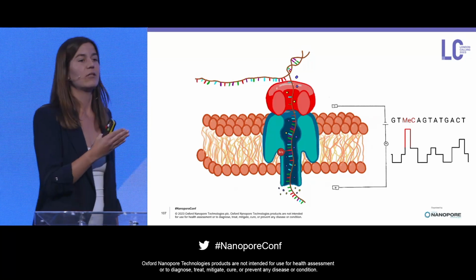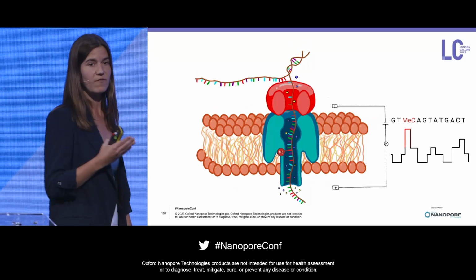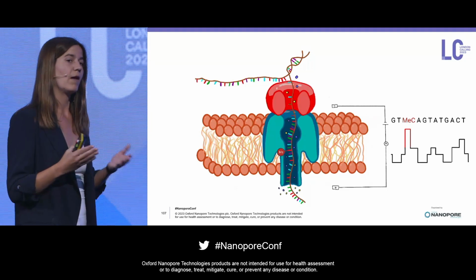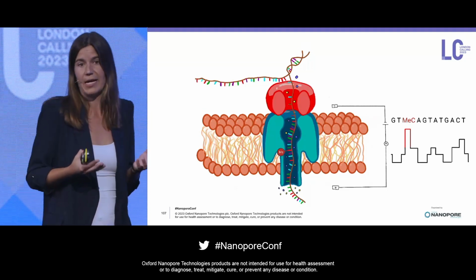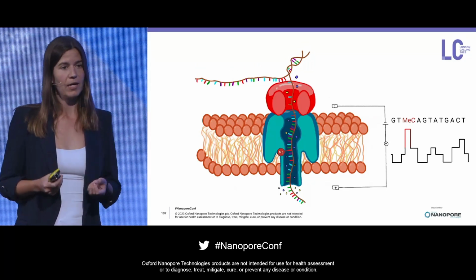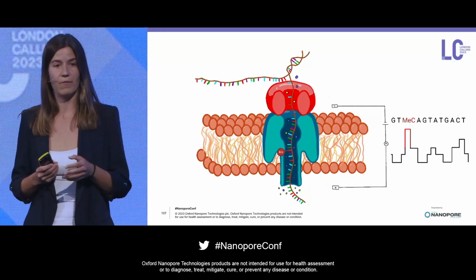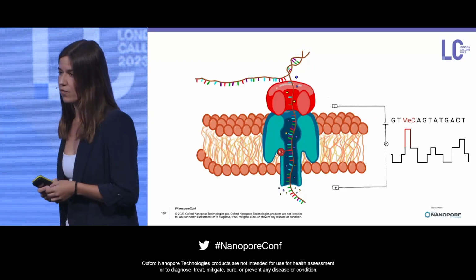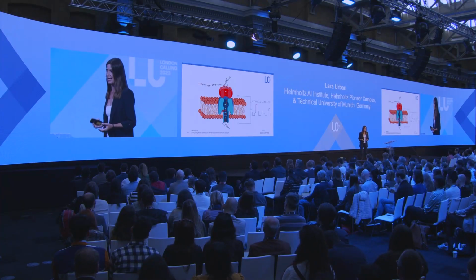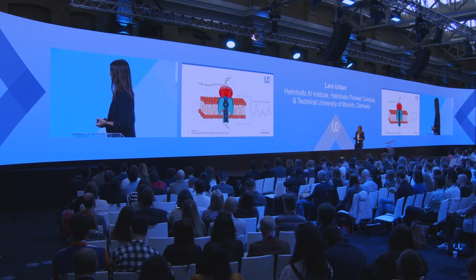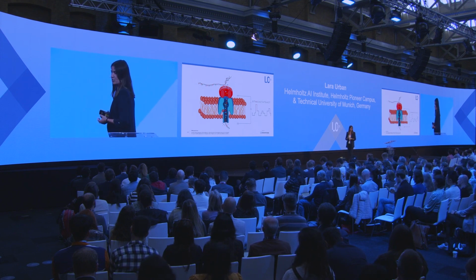The importance here is that we can actually sequence the native DNA, which means we can get very long DNA reads, basically as long as the DNA fragments are, and I will show a little bit later how we can leverage that. But we can also get information about all sorts of other modifications of this DNA strand, such as epigenetic modifications.